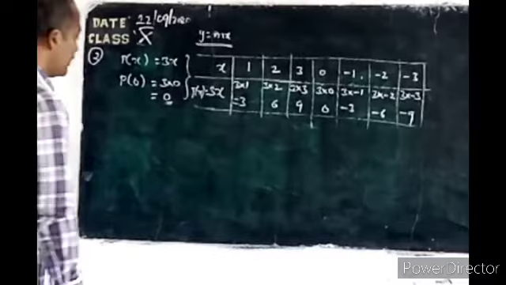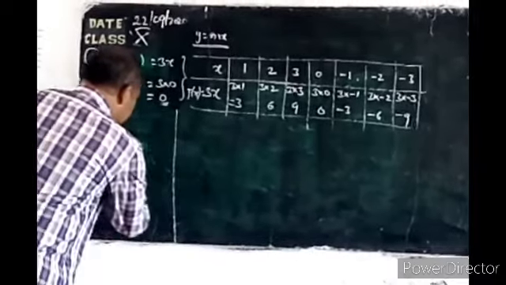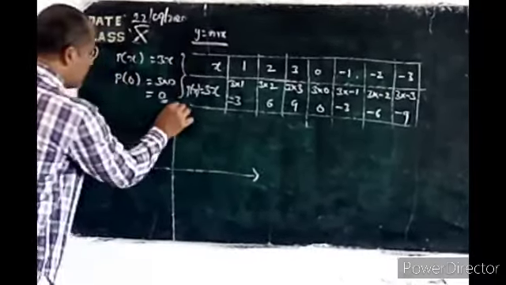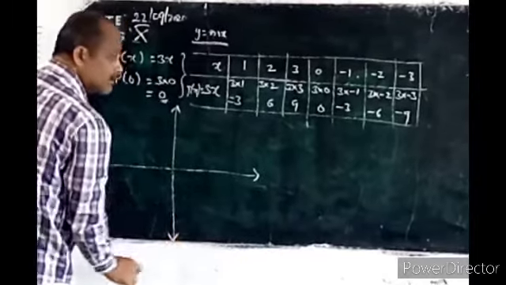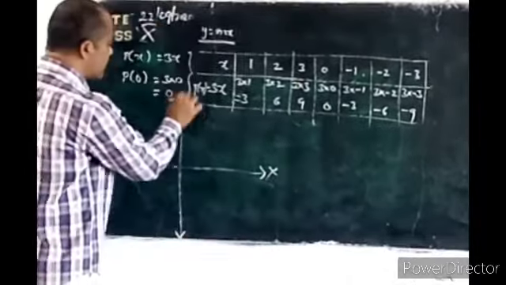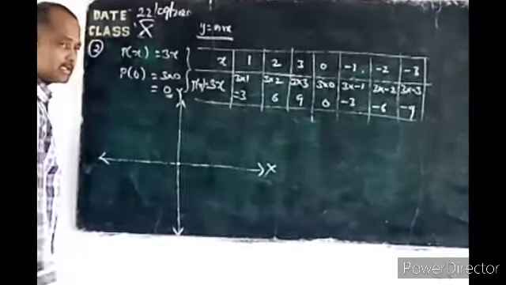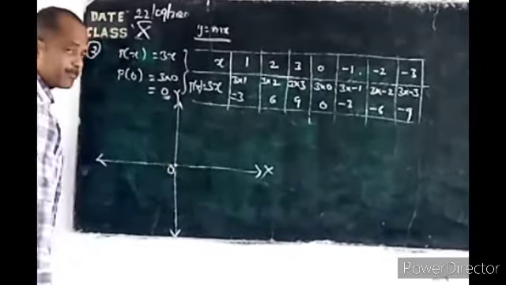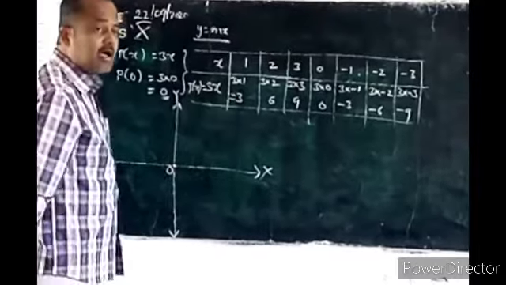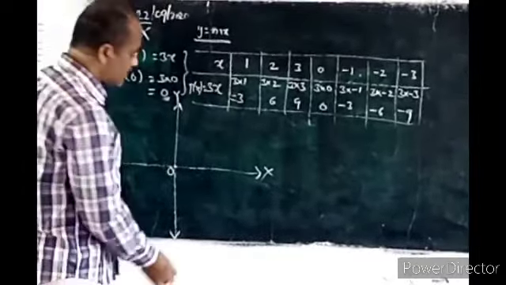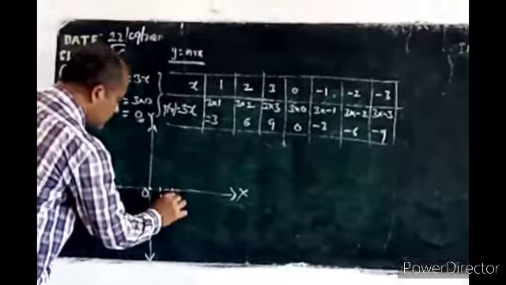If you draw a graph like this, the horizontal line is the x-axis and the vertical line is the y-axis. Where both intersect, that is the origin O. The right side has all positive numbers: 1, 2, 3, 4 like that.